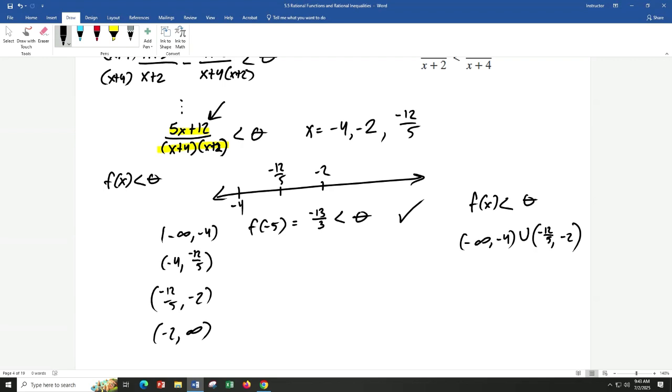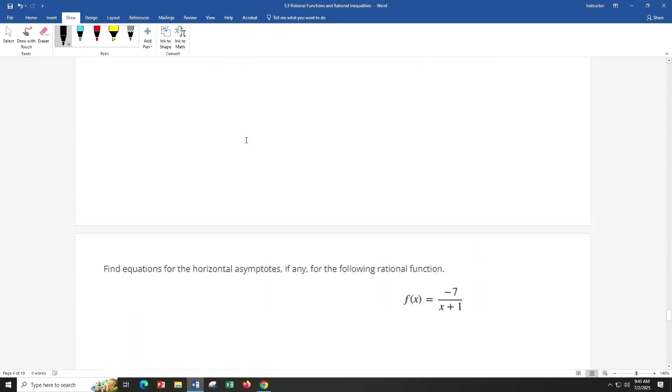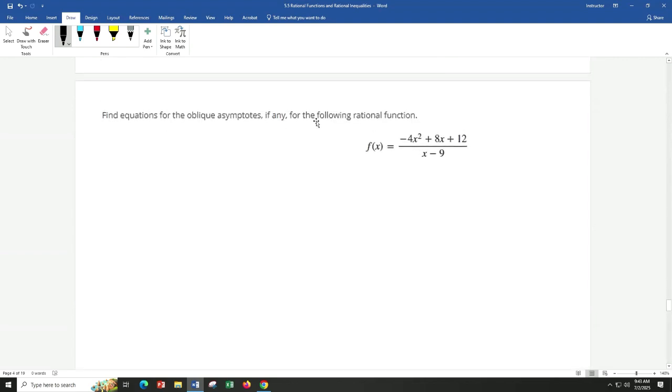Good? Everything else in your notes, I'm trying to see if there are any weird ones, and there's really not. The only one you might find a little weird is the asymptote one right here, but you're literally just going to come in and do the long division.